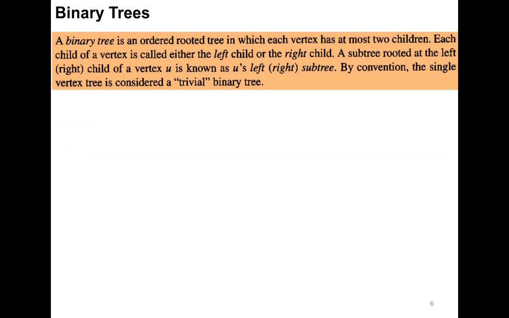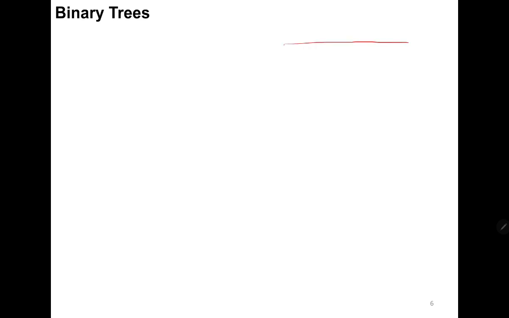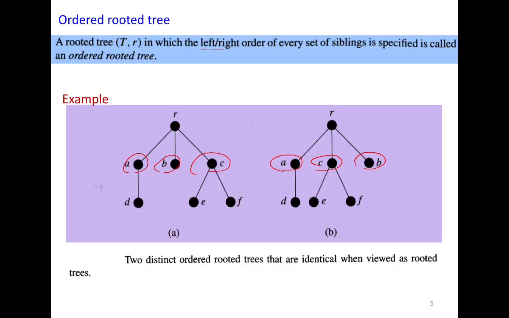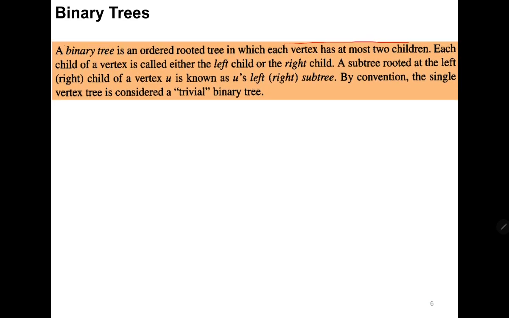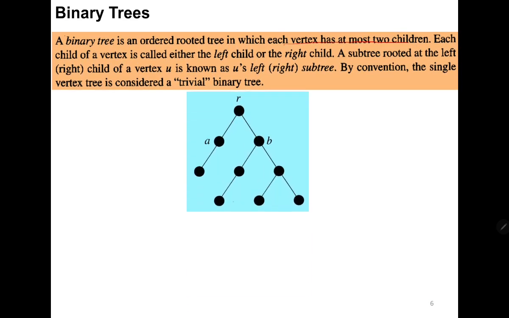Now binary trees are the ordered rooted trees in which every vertex has at most two children. If you see the previous example, I can easily introduce one or many more children. But if you restrict the number of children, something like this, then we call it a binary tree.